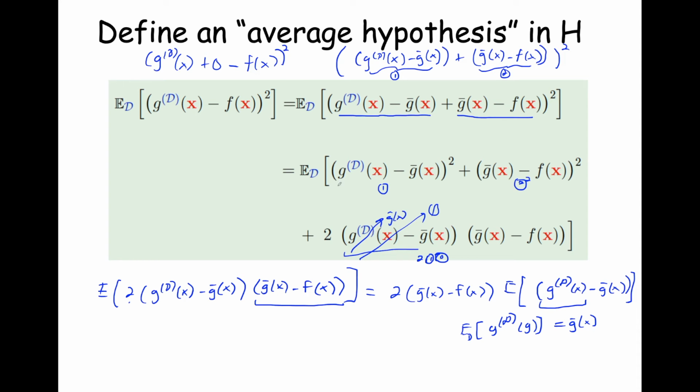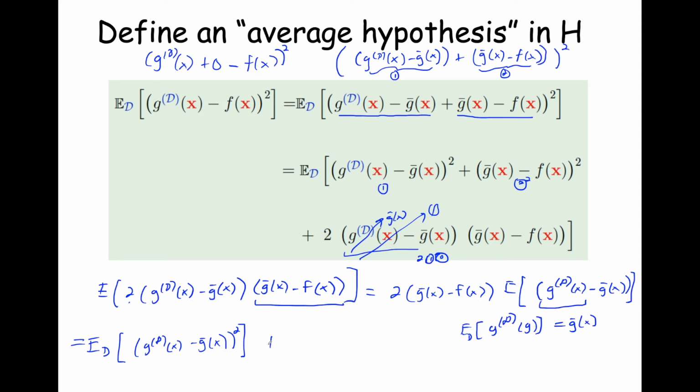So this leaves us with this second portion, which is just the expectation with respect to the data set of our first term, g script D of x minus g bar of x, quantity squared. And the second term does not involve script D, so that's just a constant.